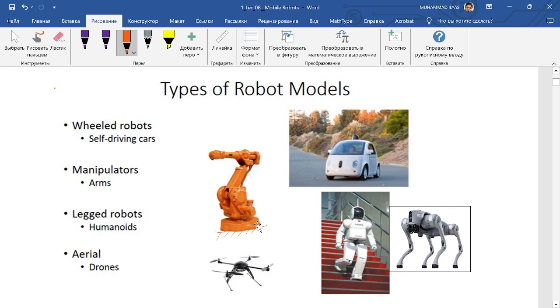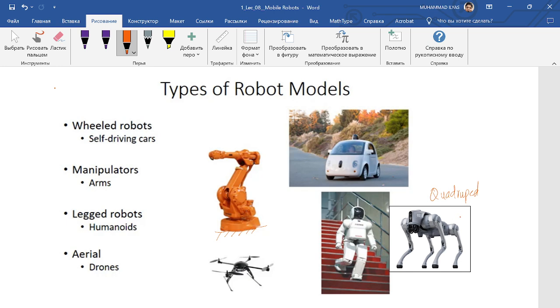Then the other type is the legged robots. Legged robots means the robots which can walk on legs, like the humanoid robot, which is one example, and quadruped robots which can move on legs, maybe two legs or three legs or four legs or six legs.